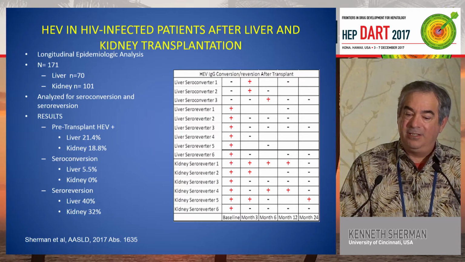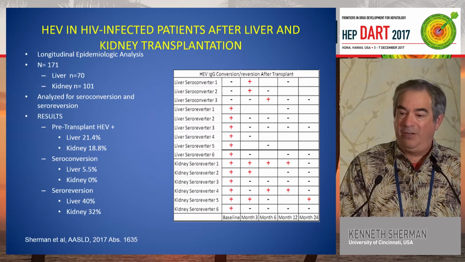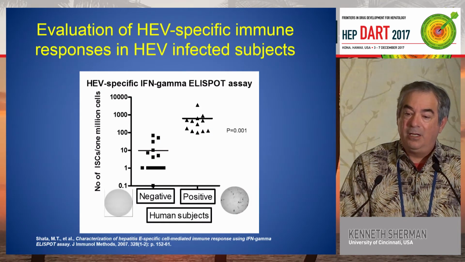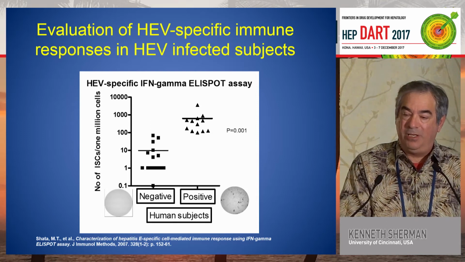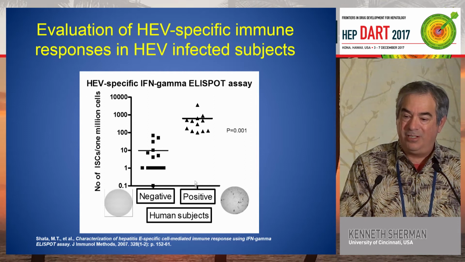So it suggests that these patients may in fact be more susceptible to reinfection following transplantation, and it certainly takes away from our ability to do that testing and determine if these patients even have antibody present or not. Our laboratory developed an ELISpot assay, and we use this as well as a way to confirm positive infections, looking for evidence of interferon gamma response.